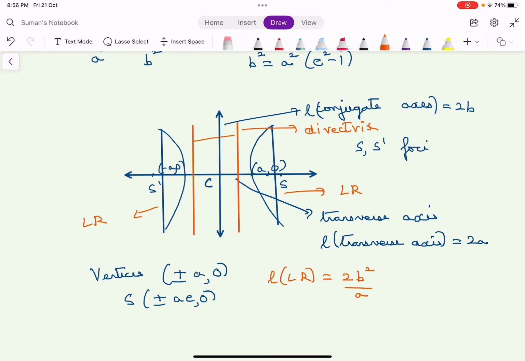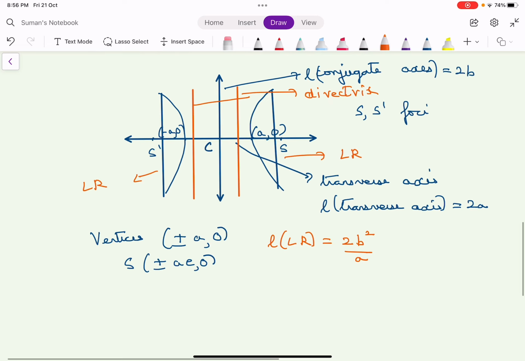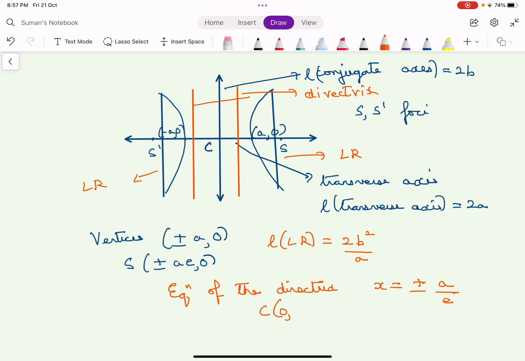And the equation of the directrix is given by x equal to plus or minus a by e. And then you have the center, which is C, which is 0, 0. So these are the points which you need to remember.